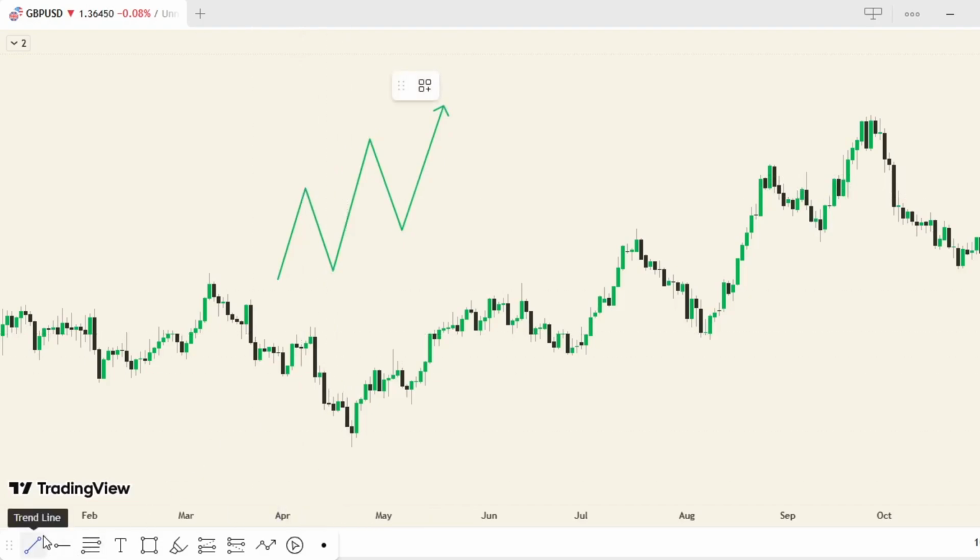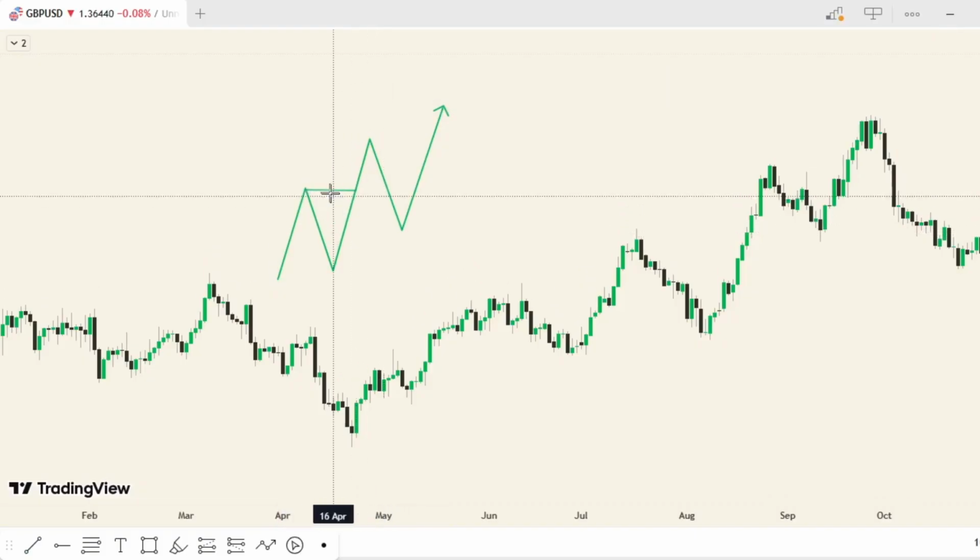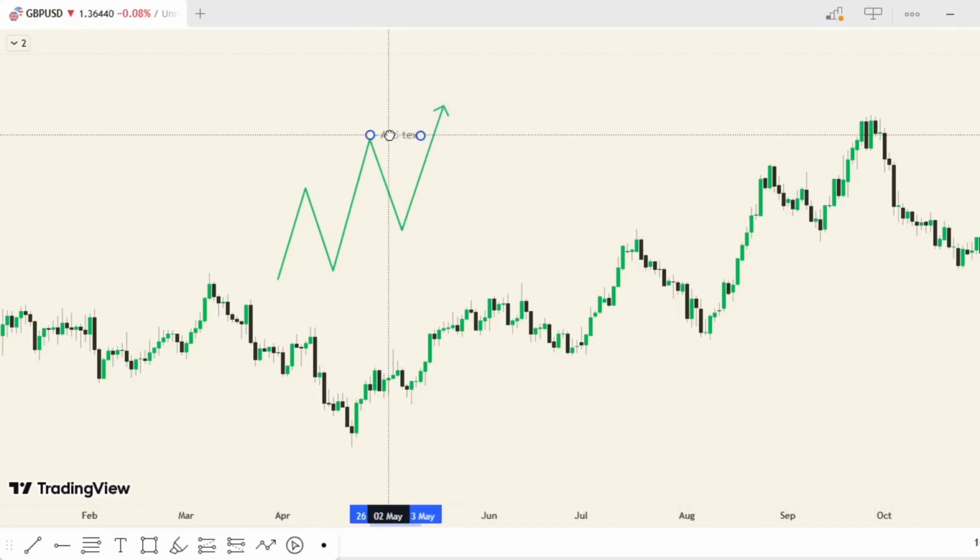So now, if the market violates this or breaks above this, what do we have? We have a break of structure, right? And again, if it pushes up again to break above this guy, what do we have? We have a break of structure.